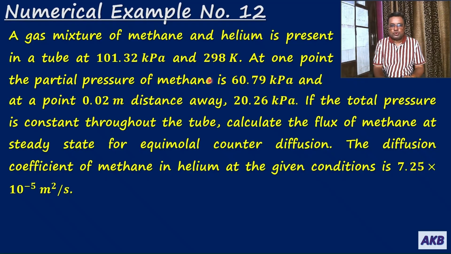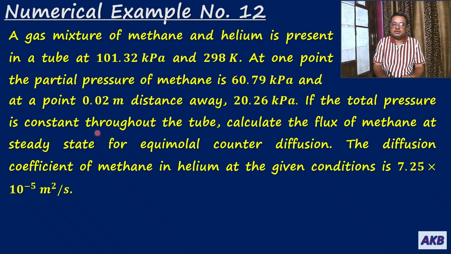At one point in the tube, the partial pressure of methane is 60.79 kilopascal, whereas at a point which is 0.02 meter away from the first one, the partial pressure is 20.26 kilopascal.